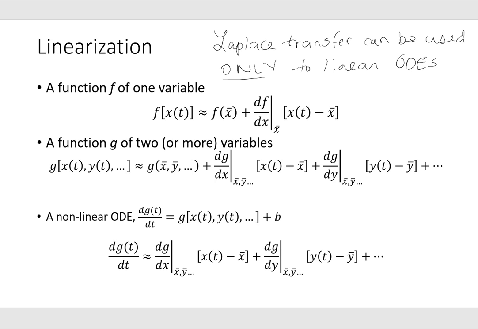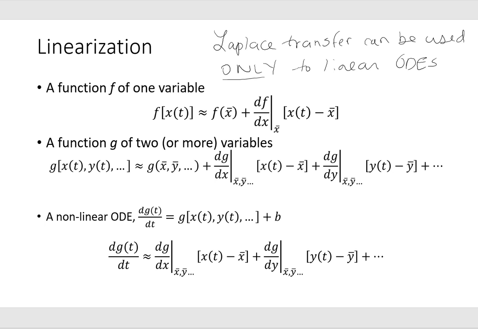This means that we'll have to conduct linearization when we encounter nonlinear ODEs. So this happens all the time, especially in dynamic process models. For example, if you're doing a reactant mass balance on almost any chemical reaction, you'll see nonlinear ODEs occurring. So this is pretty neat because we can actually linearize any function.